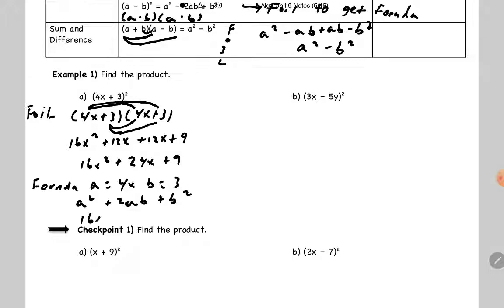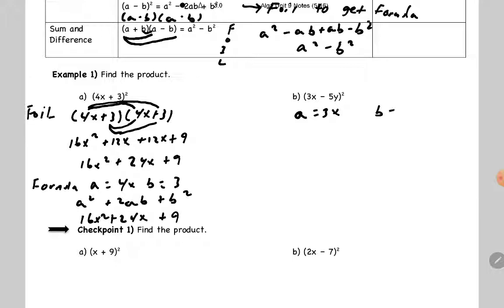So a squared would be 16x squared. 2 times a times b: 2 times a, which is 4x, which is 8x, times b, which is 3, is 24x. And b squared is 3 squared, which is 9. So you'll get the same answer. So if you don't remember the formula, just FOIL. But let's use the formula again.